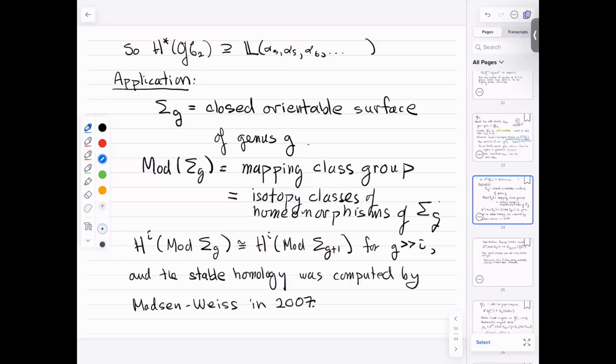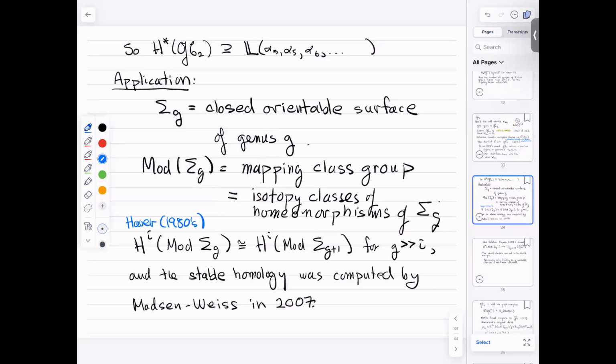Then Harer proved a long time ago in the 1980s that if you look at the homology or cohomology, I remember I'm taking real coefficients here, so I don't care about homology, cohomology, they're the same thing to me sometimes.